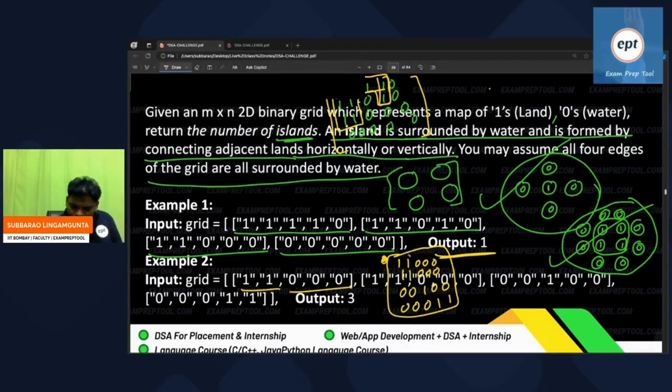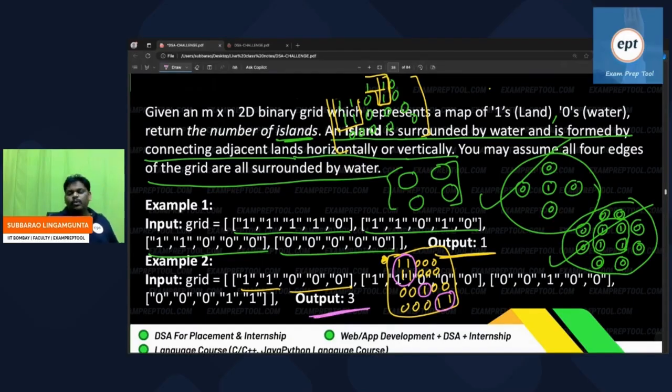I think this is one island, this is one island, and this is one island. The second island and third one are not connected continuously. If anyone says second and third should merge, then first and second would also merge. So I think there are three islands.